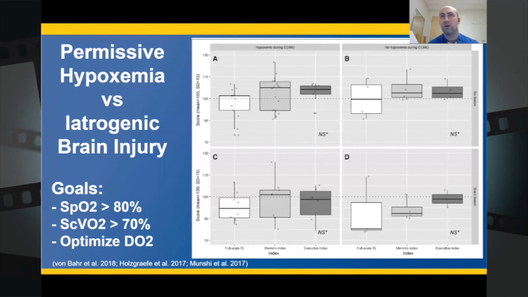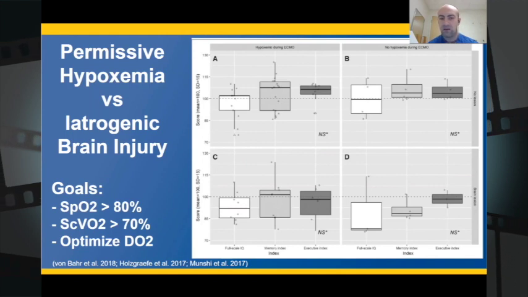A larger follow-up single center study from the same group is the image shown here on the right. Basically, what you can see is patients that were hypoxemic on ECMO did just as well or better than patients that were not hypoxemic on ECMO.